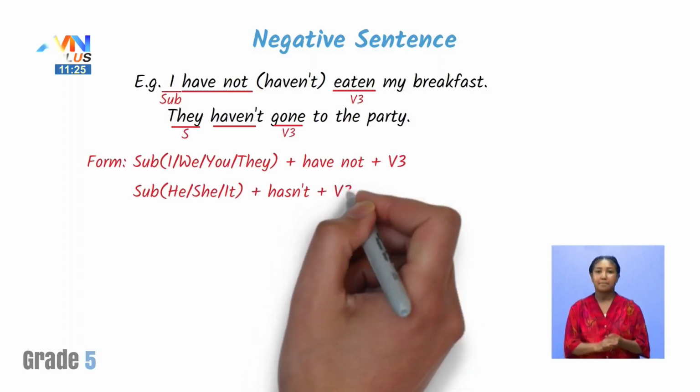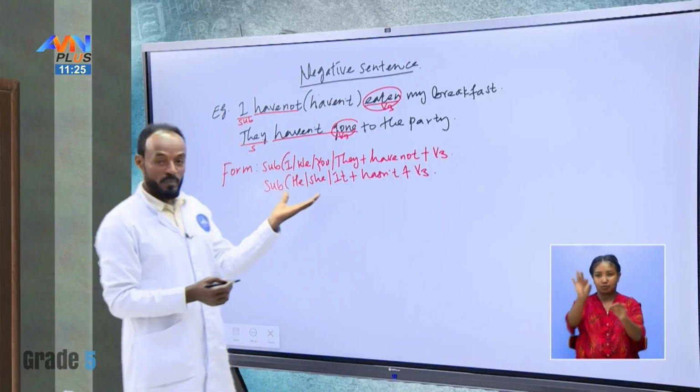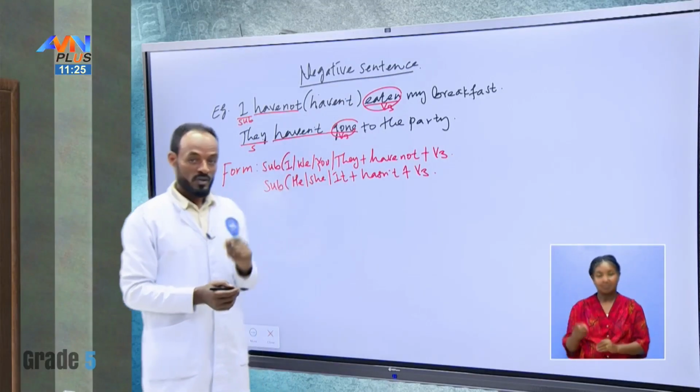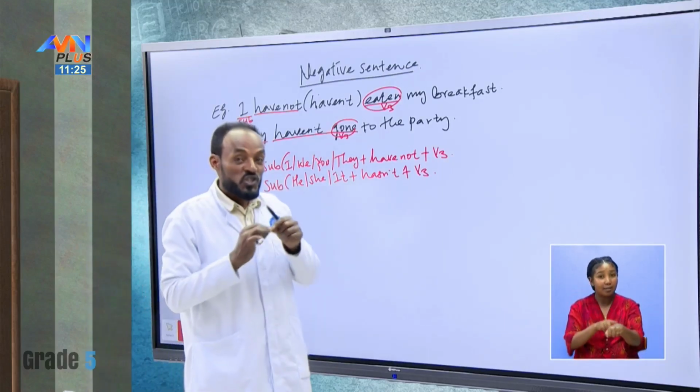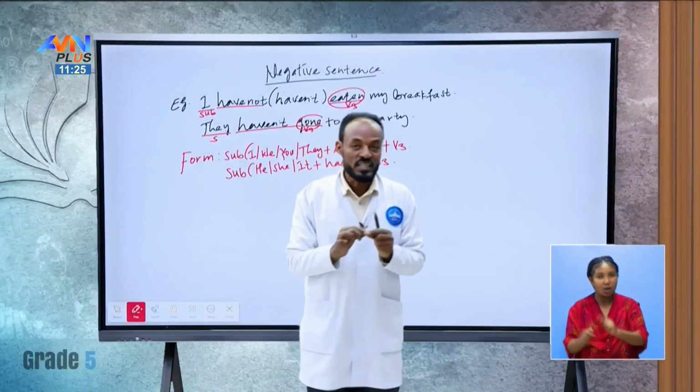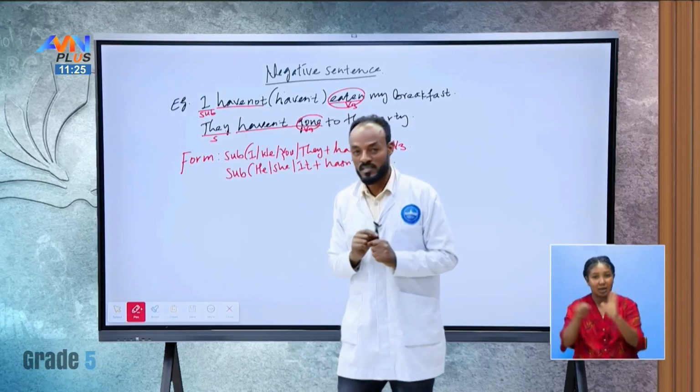We can derive this from the given sentence. Am I clear? Bravo. Students, now it is time to change a positive sentence into a negative sentence.